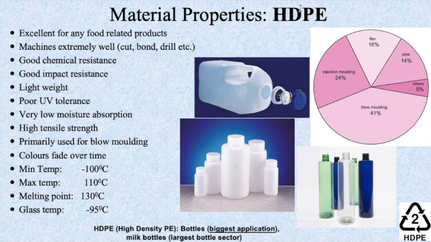Then high density polyethylene. This is the type of polymer that you would usually find in bottles. The process commonly used is injection molding or blow molding. You can also find it in films, but for the most part, they make bottles out of high density polyethylene. Why is it suitable for this type of application?